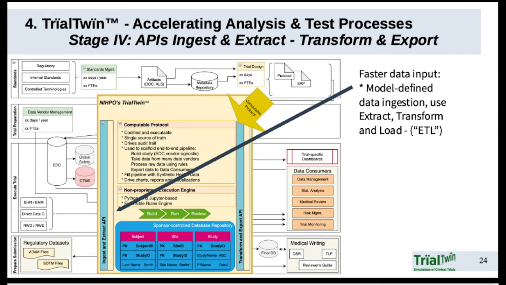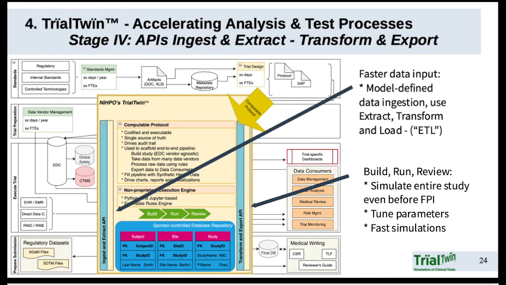What we do here is we programmatically and very quickly build a connector to all of those data sources, and we can also generate synthetic data to simulate all of those data sources. So this is part of what's called extract, transform, and load, ETL. We build this programmatically based on the protocol.